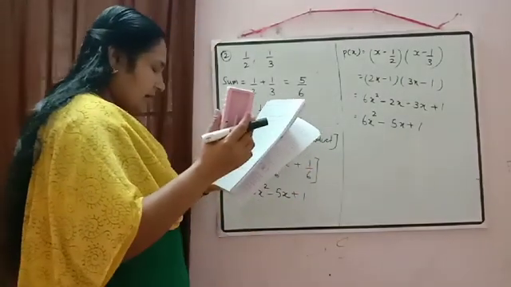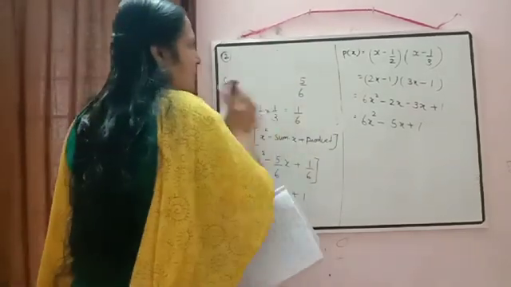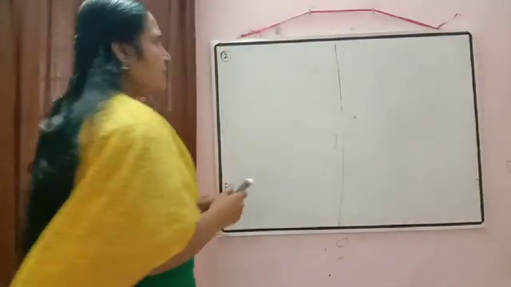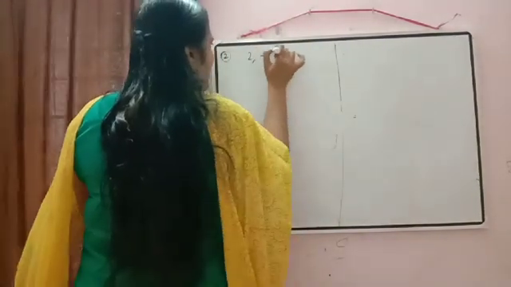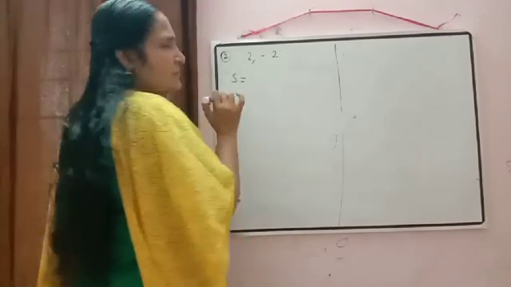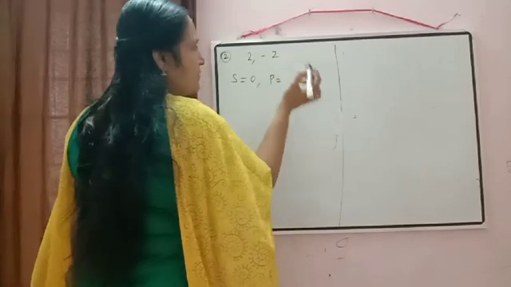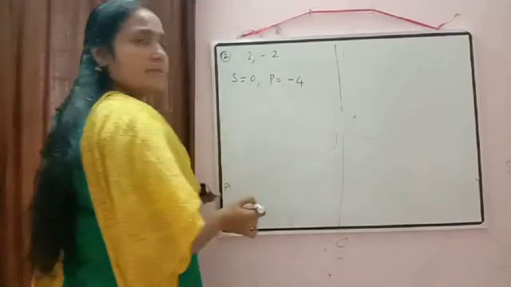Two zeros are 2 and minus 2. Write down the two zeros are 2 and minus 2. Add, what will come? The two zeros we have 2 and minus 2. What will be sum of the zeros? Yes, sum will be equal to 0 and product will be equal to minus 4.